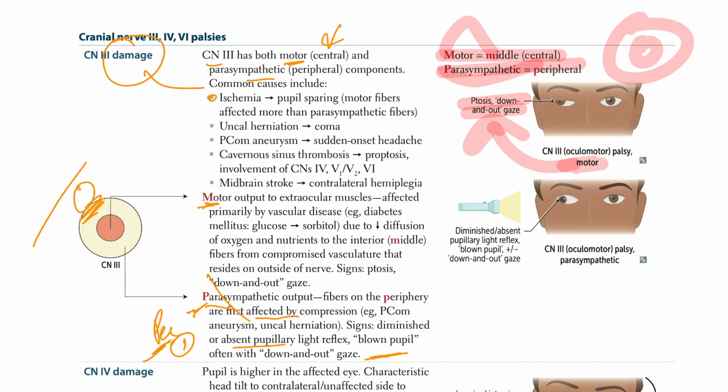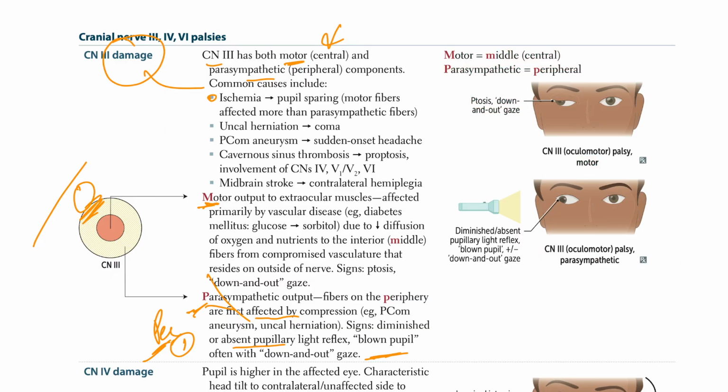If the motor part is affected, then you get down and out gaze. And if you get a parasympathetic palsy of the periphery of this optic nerve, my bad, oculomotor nerve, CN3, right?